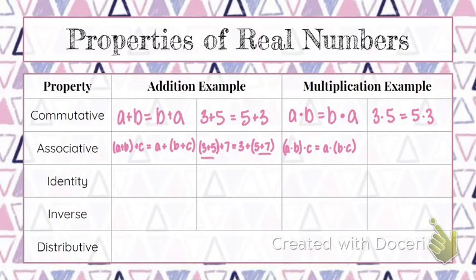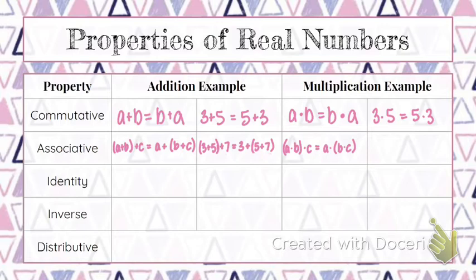So on the left side, 3 plus 5 would be 8. 8 plus 7 would be 16. On the right side, no, 8 plus 7 is 15. I'm sorry. On the right side, we have 5 plus 7 would equal 12, plus 3 would also equal 15. So we see that these are both equal. This property works. Yay. Okay, so now multiplication.